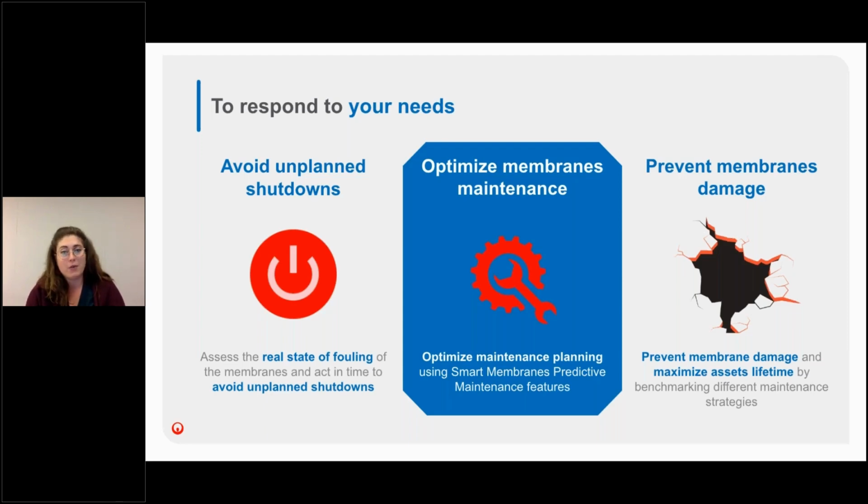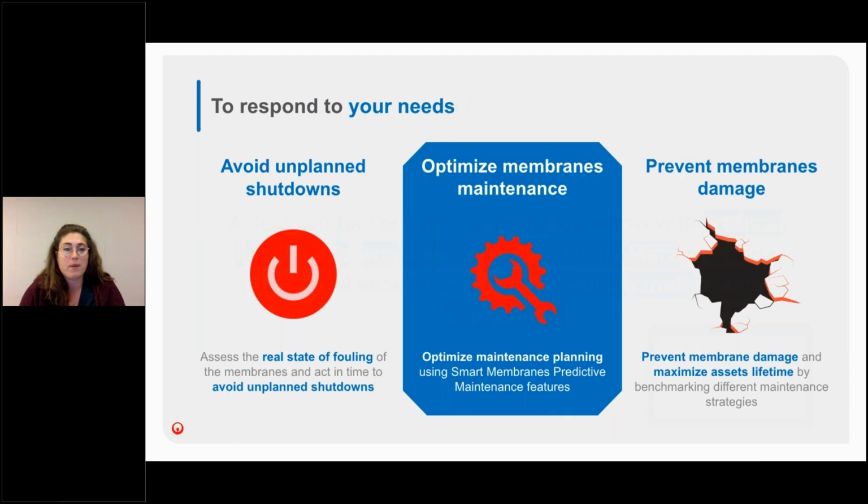And because performing maintenance at the right time is not enough, but it also needs to be done the right way, smart membranes also help operators to benchmark different maintenance strategies so that they can select the best one for their plant in order to prevent membrane damage and maximize assets lifetime.